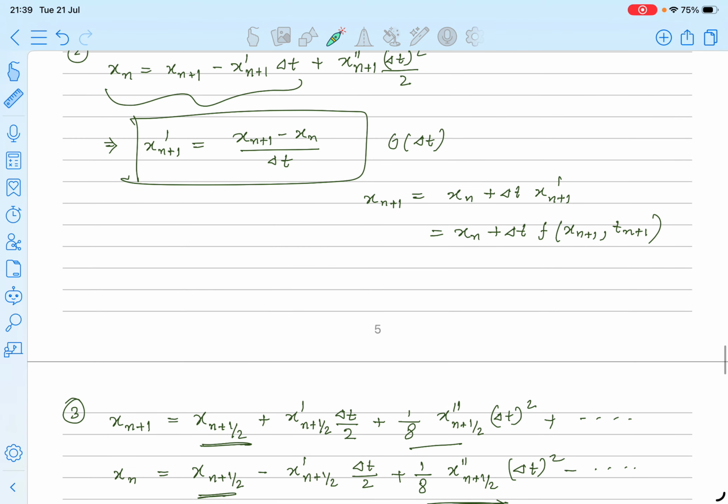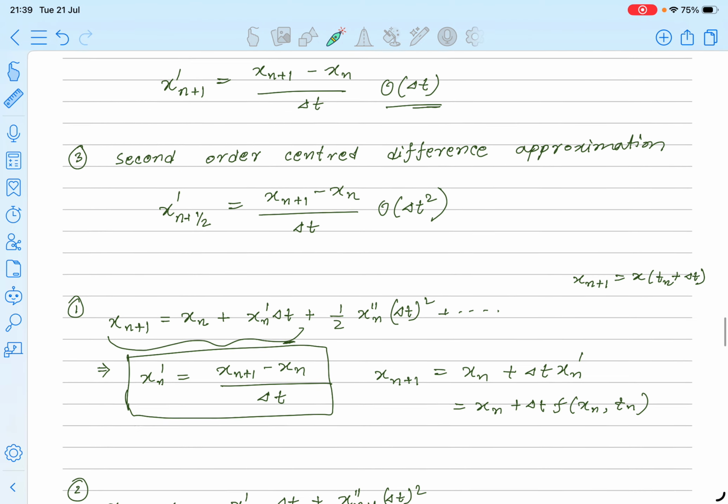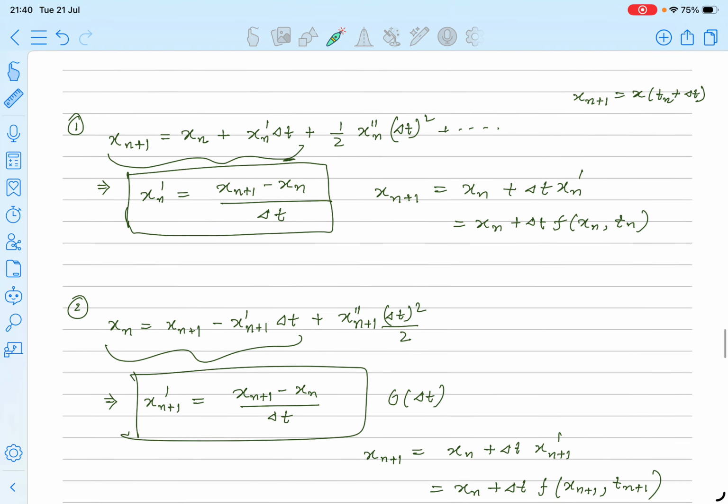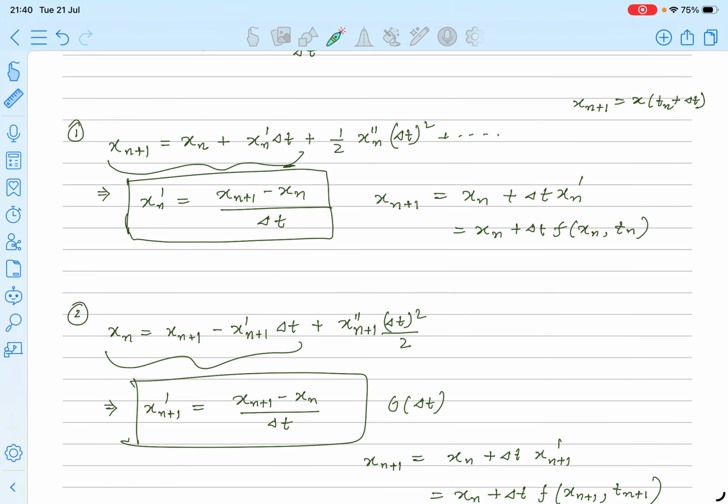So briefly I will tell once more to repeat. For the first order finite difference approximation, we are expanding this, and if we divide by delta t, this term we are neglecting becomes order of delta t, right? Order of delta t, and that is why this is first order.